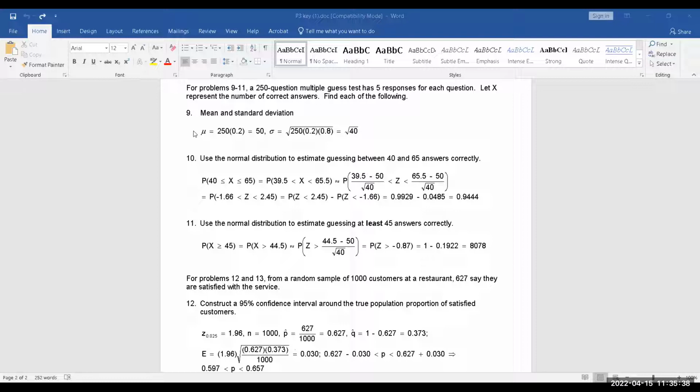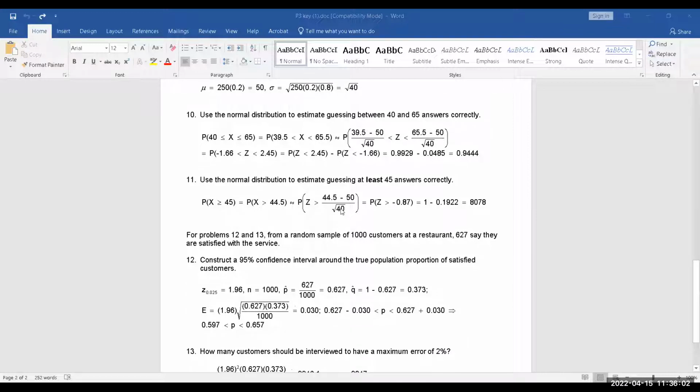Can you get a little higher? Sure. Can you get a little lower? Sure. And then the question is, what's the probability of being in this pretty big range? Well, look at that. It's over 94% likely that you're going to be in that range. You're not going to get 250 right. You're more likely to be struck by lightning than to get them all right. Hopefully none of you are going to get struck by lightning, but that'd be below average.